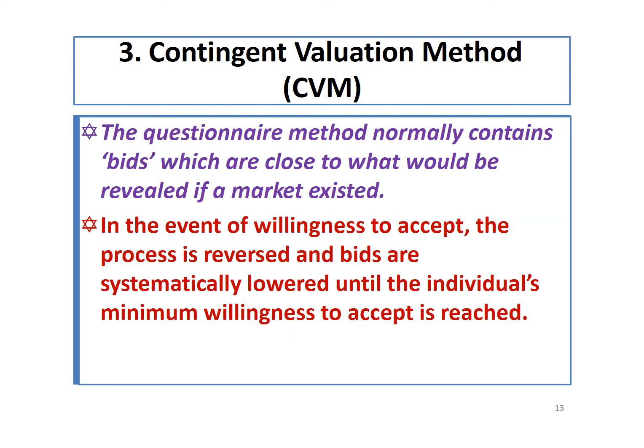The questionnaire normally contains bids which are close to what would be revealed if a market existed. In the event of willingness to accept, the process is reversed and the bids are systematically lowered until the individual's minimum willingness to accept is reached.